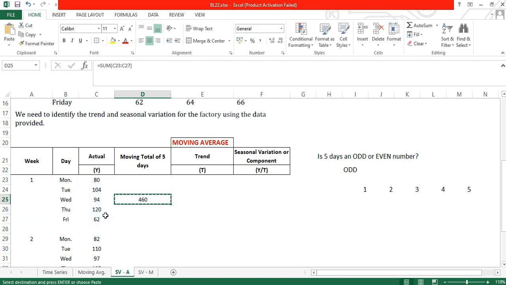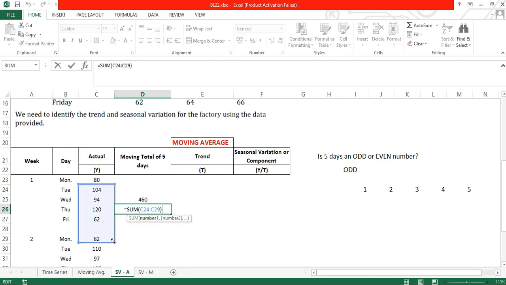460 over here. Then from here to here. So it should be, I'm going to pull the formula. Take this set of 5 figures. Then this set of 5 figures.